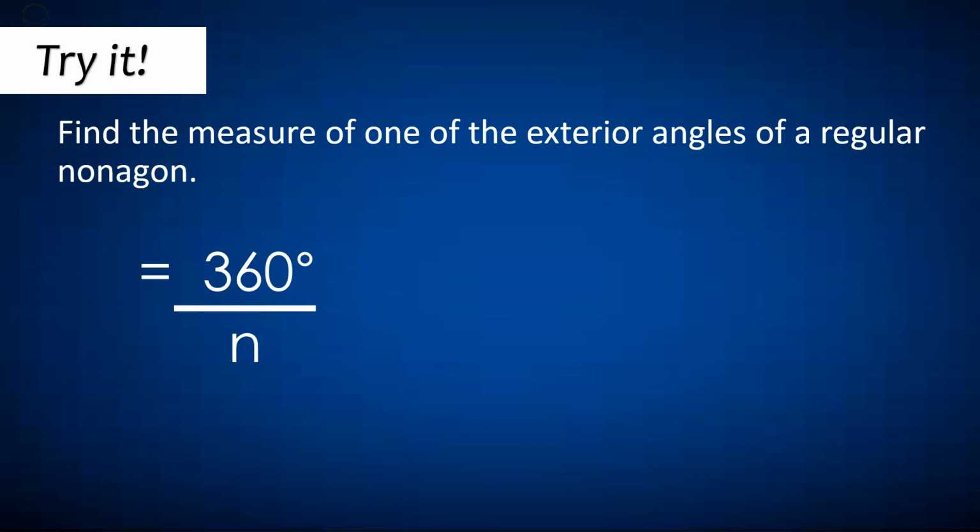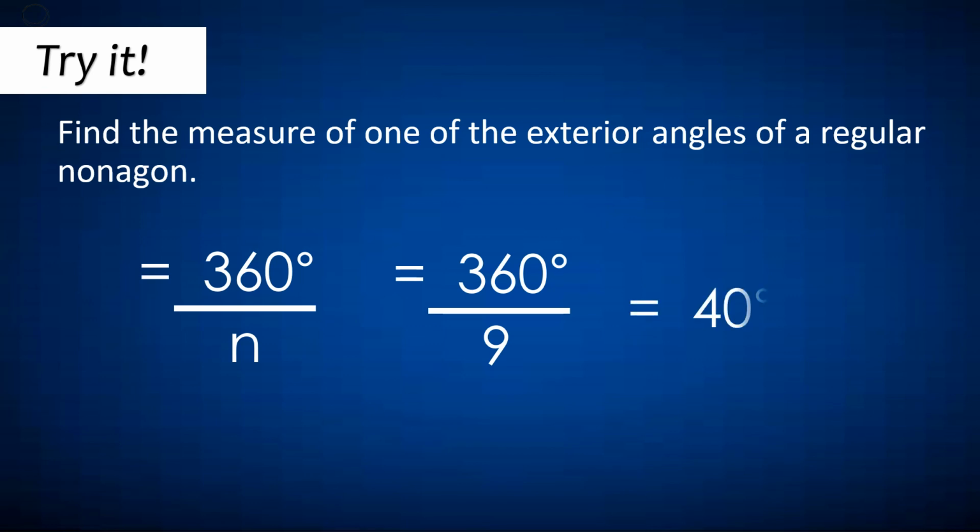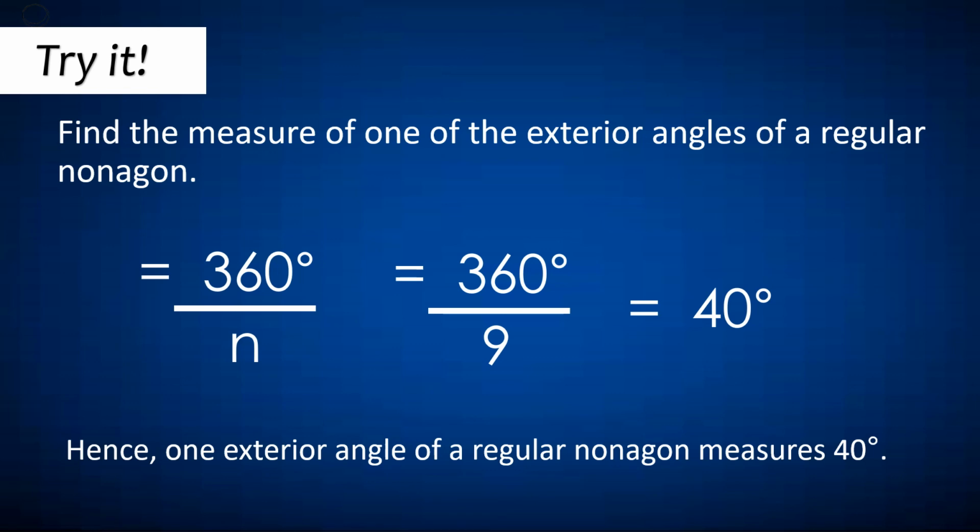Nonagon has 9 sides, therefore we have to substitute 9 kay n. So 360 divided by 9 is equal to 40. So we can say that the measure of one of the exterior angles of a regular nonagon is 40 degrees.